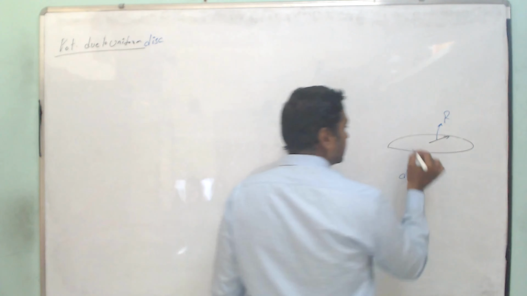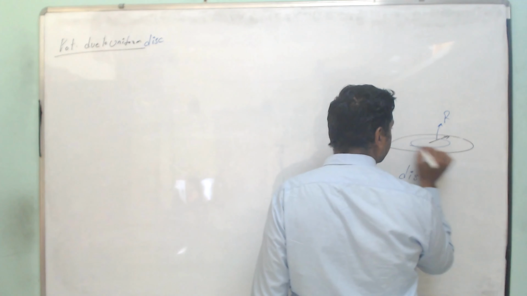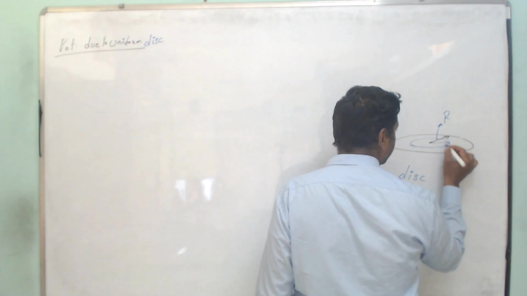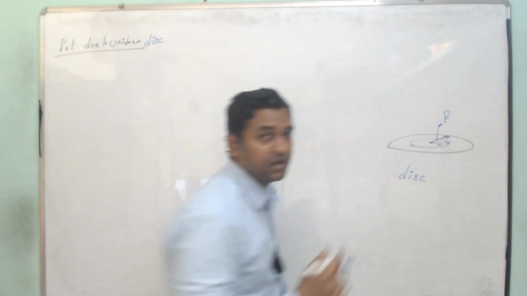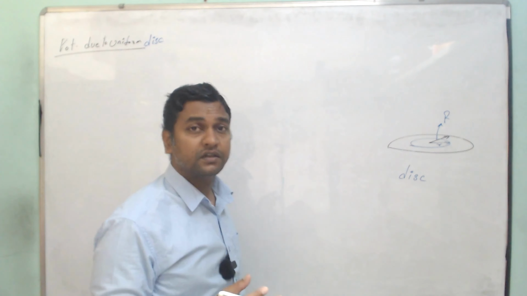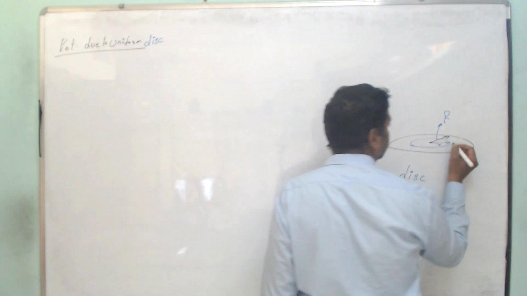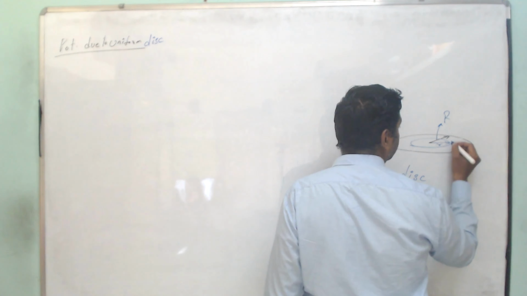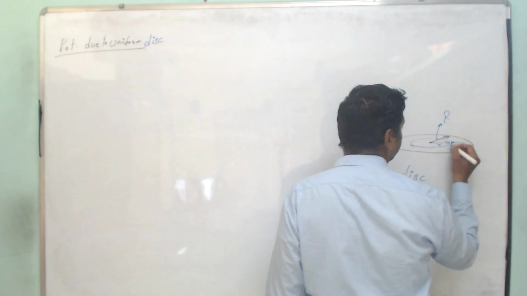Then the element that I will take is a small ring at a radius of r having a width dr. Correct? Yes, sir. What is my next thing that I have to do?